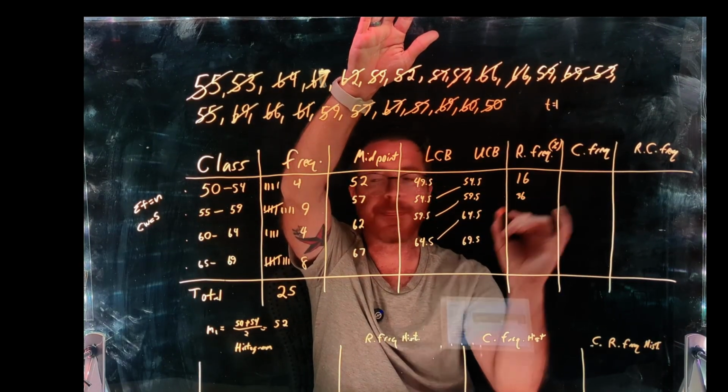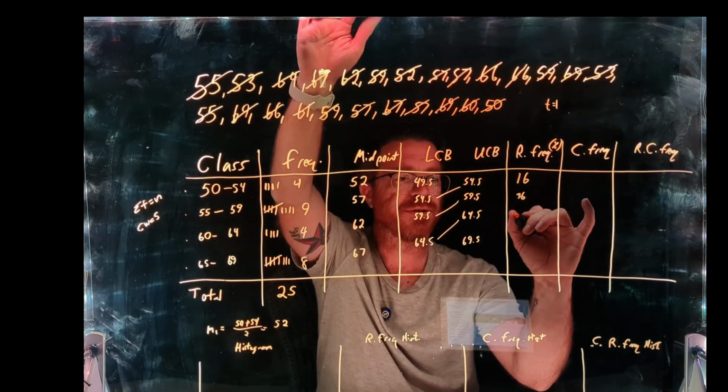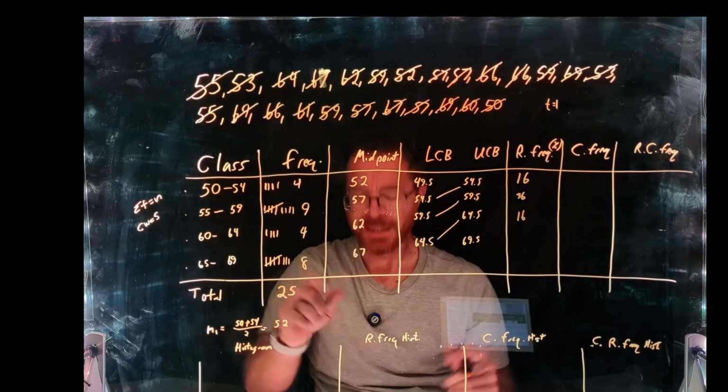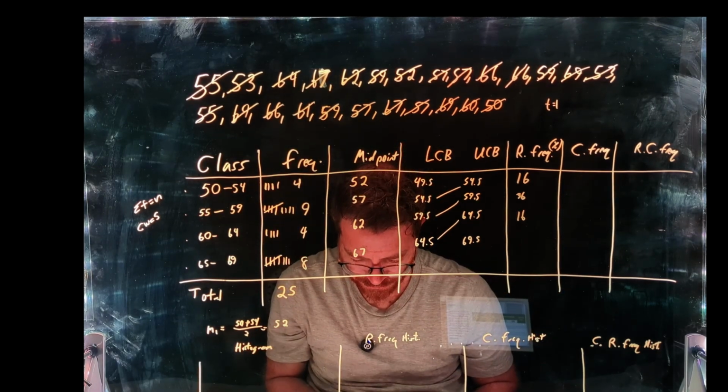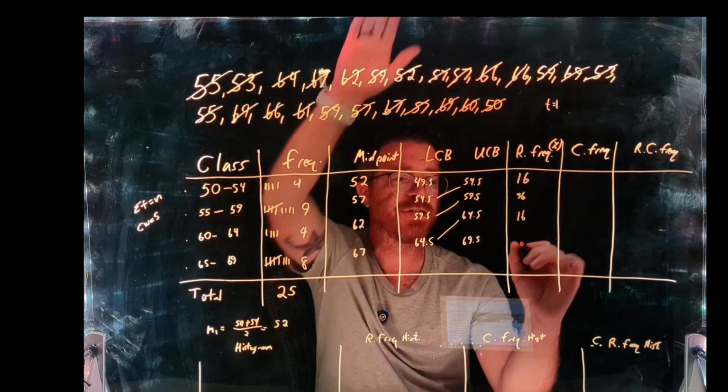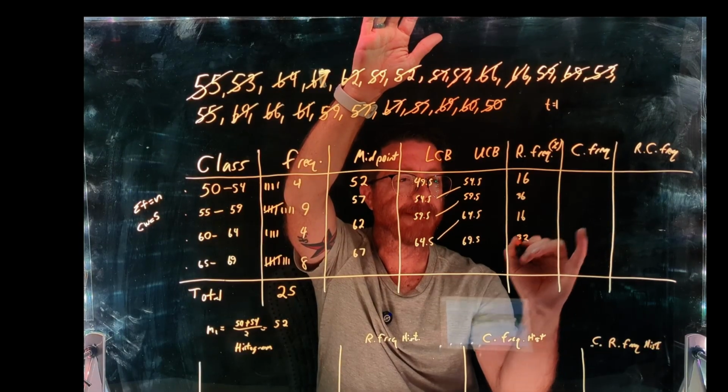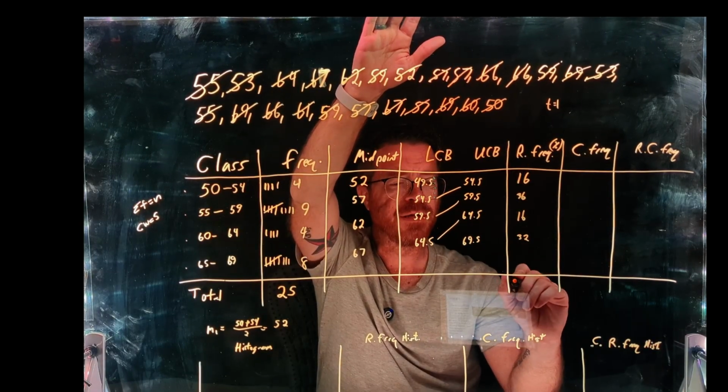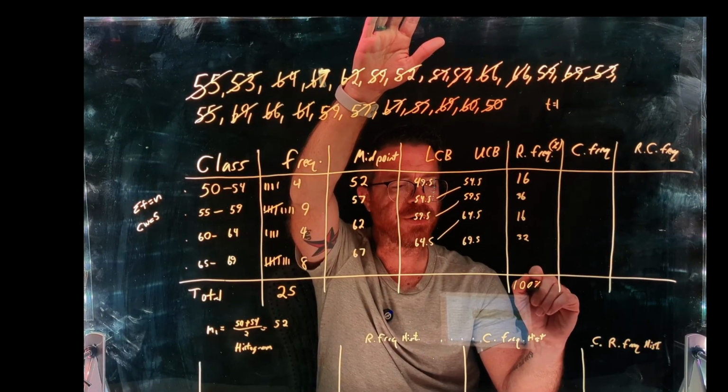Again, we have 4, so this is also going to be 16%. And then 8 divided by 25 is going to give me 32%. And if we add all these up together, these should add up to 100%.